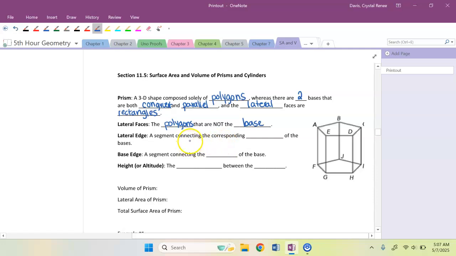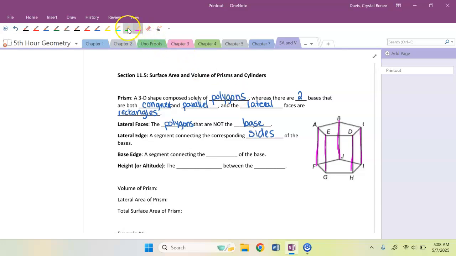All right, so a lateral edge then is a segment connecting the corresponding sides of the bases. Oh my gosh, I can't spell today. Sides, S-I-D-E-S. Okay, meaning that the lateral edges would be just the lines, this, this, and this, and this.